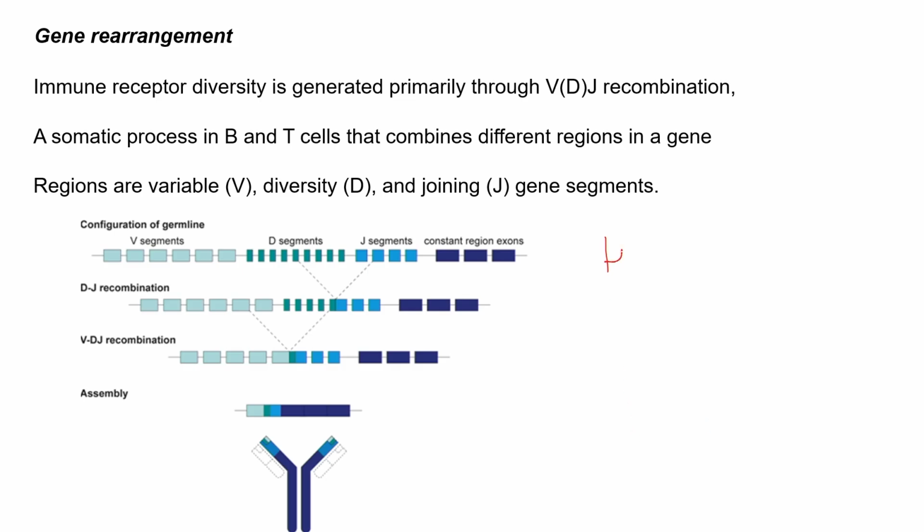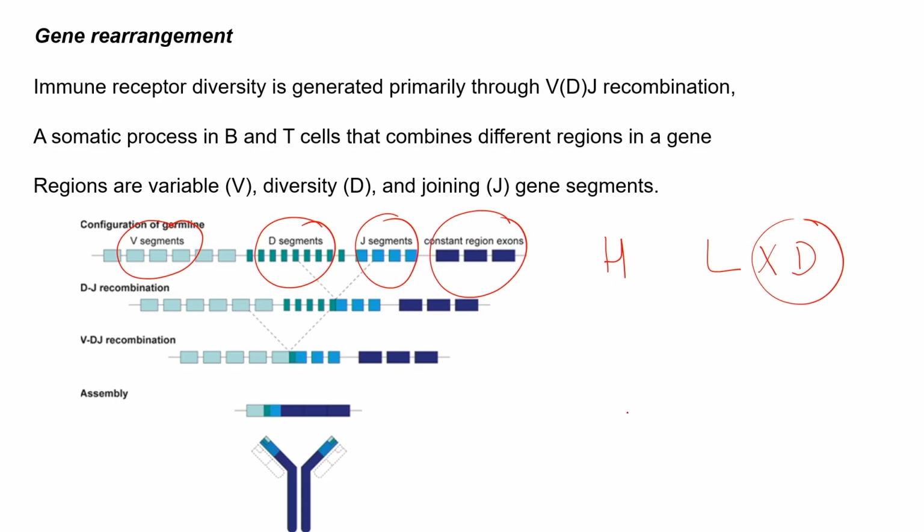The heavy chains, which code for the longer arm of the immunoglobulins, have 4 segments: the V variable segment, D segments, J segments, and then the constant region exons. So essentially we have variation of V, D and J, and in light chain we don't see D. So D is absent. Just keep in mind that D segments are not present in light chain. We only have 2 variations in the light chain.